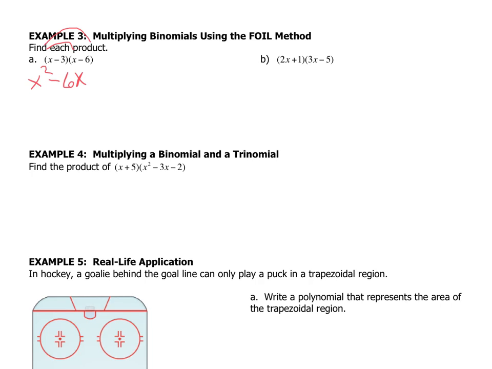Then I'm going to go inside, which gives me negative 3x. And then I'm going to do last. Negative 3 times negative 6 is a positive 18. And again, I can combine the like terms with the x's down the middle, and I'm going to get a final answer, simplified, of x squared minus 9x plus 18.